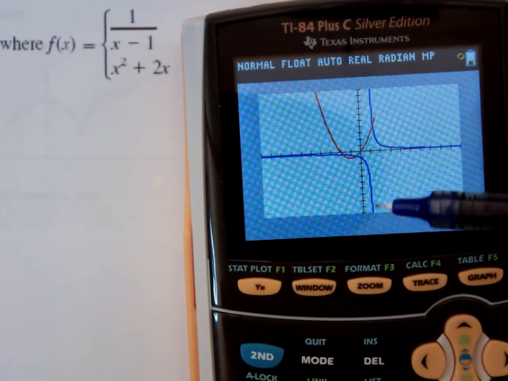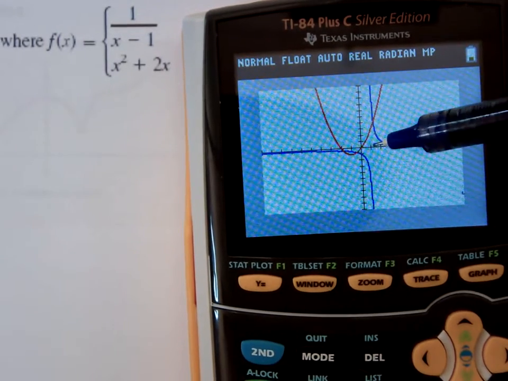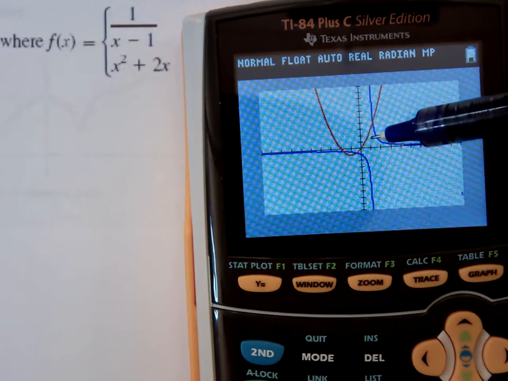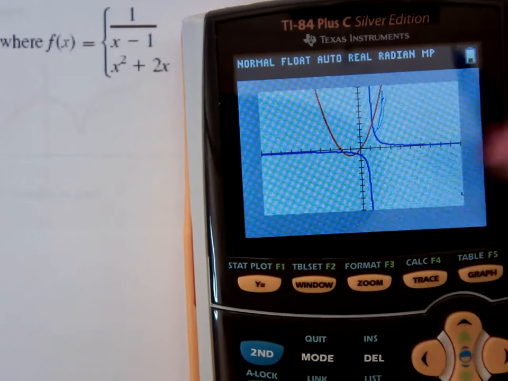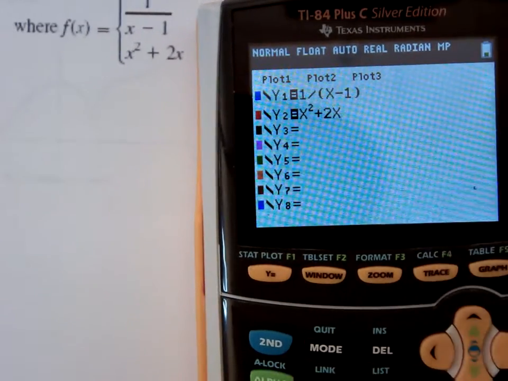Now at 1 is where the parabola starts. So normally, I didn't want to write on my calculator.